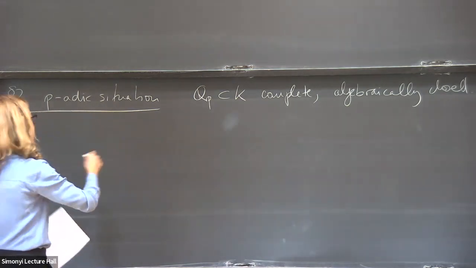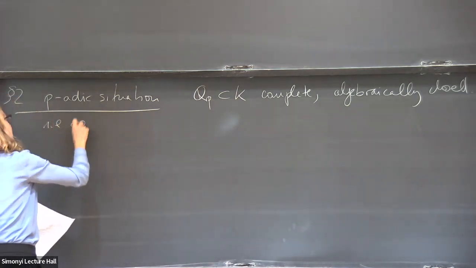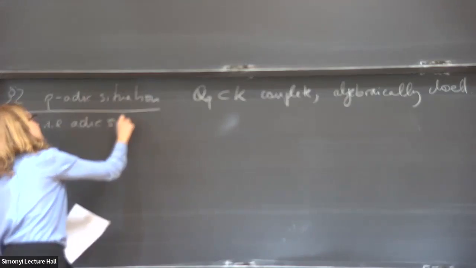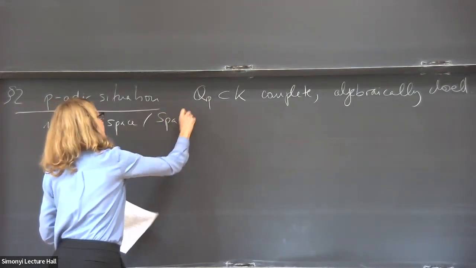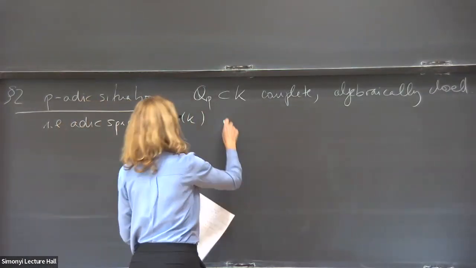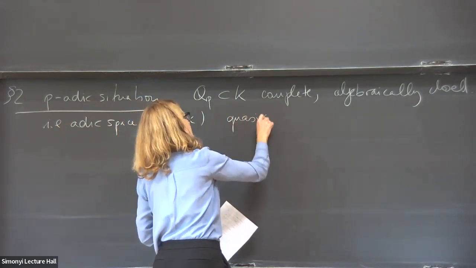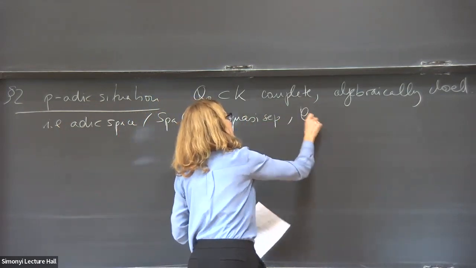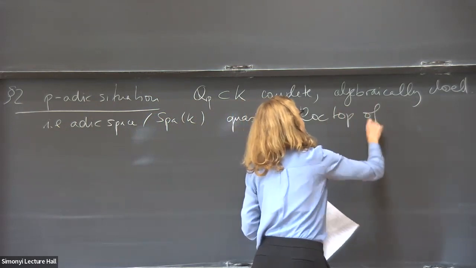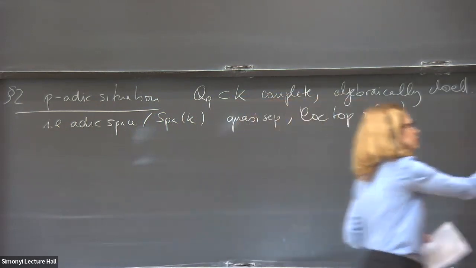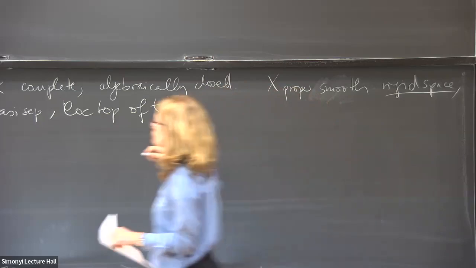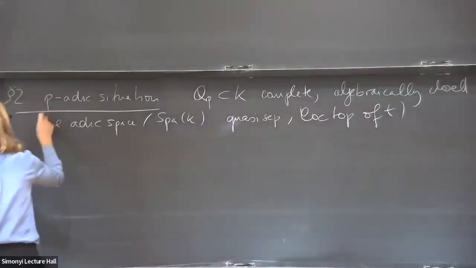To be precise, rigid means we have a nice adic space over K, which is quasi-separated and locally topologically of finite type. So this is what I mean by rigid. I don't care so much in which category we work.